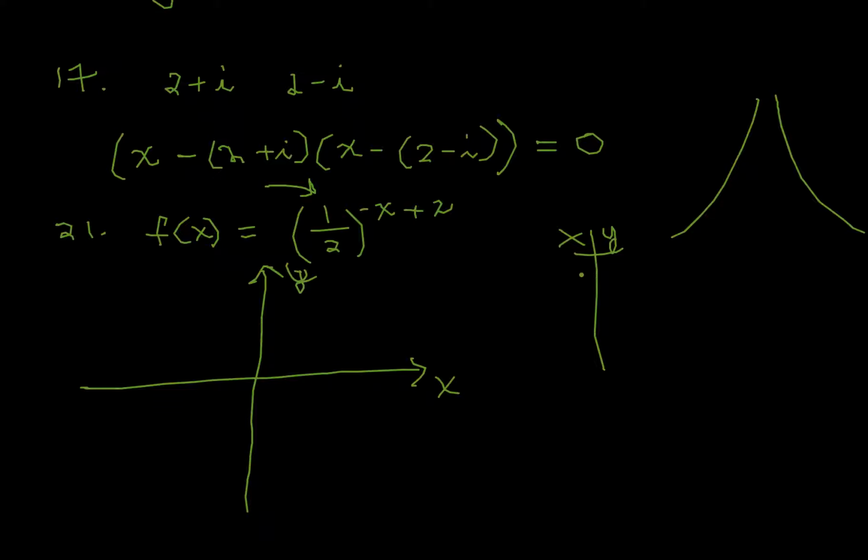So if we put in a 0 for x, we're going to get a 1/4 out. There's no way that this can ever hit the x-axis. There's nothing you could put in for x to get a y value equal to 0. So it's never going to cross the x-axis.